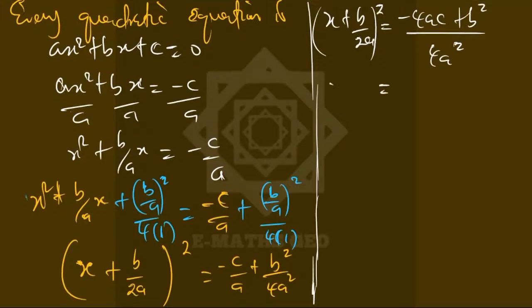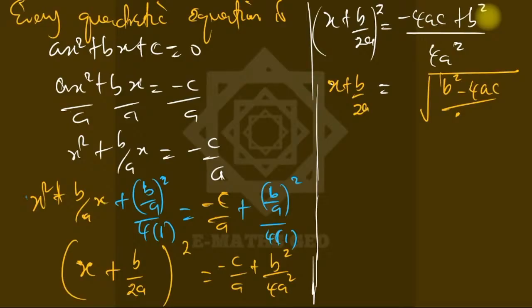I'll first move the square to the right-hand side, and if you move the square, it becomes a square root. Since I have a negative number before positive, let me write the positive first. It's still the same thing: minus 4ac over 4a squared. Now we can see that 4a squared has a perfect square, which is 2a, but this one has none.